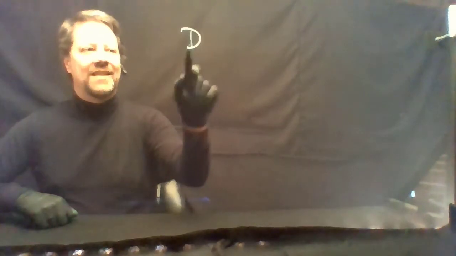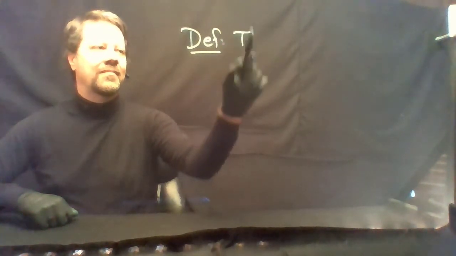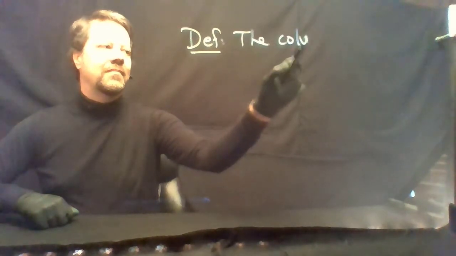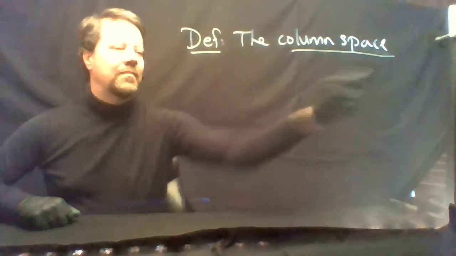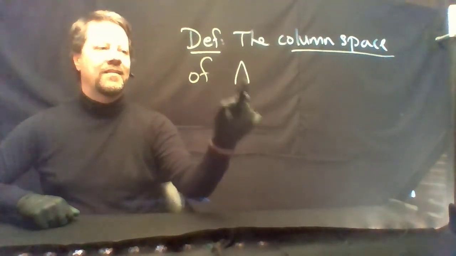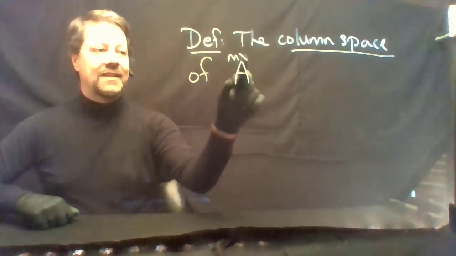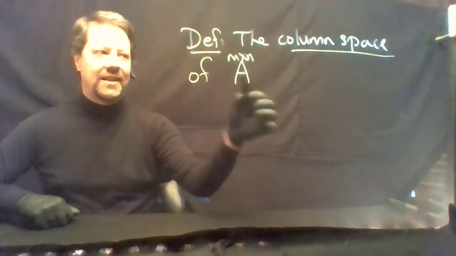There's one more space we have to talk about, and that's the column space of A. We're still assuming that A is m by n, m rows, n columns.